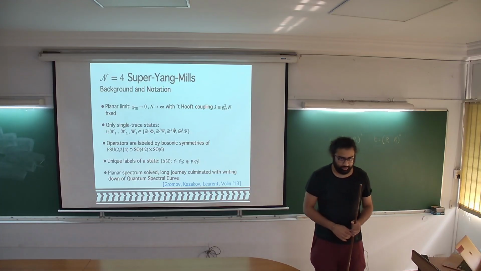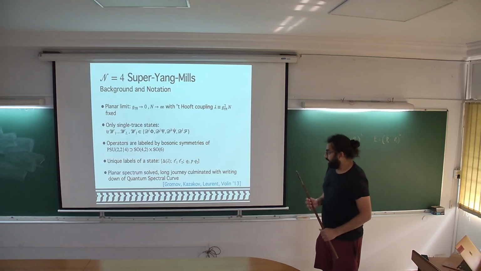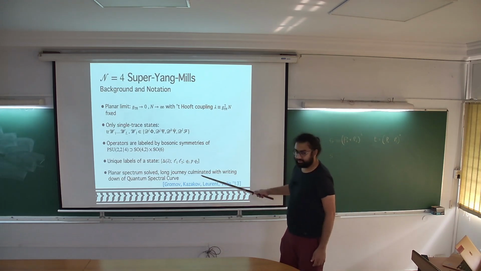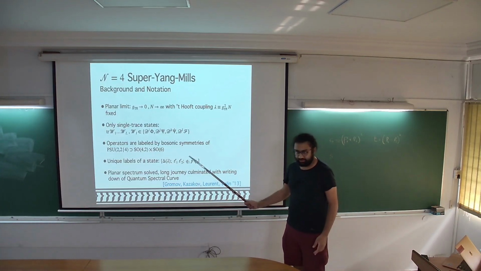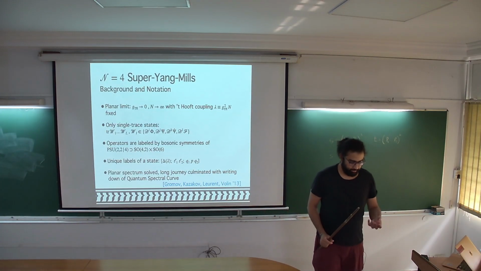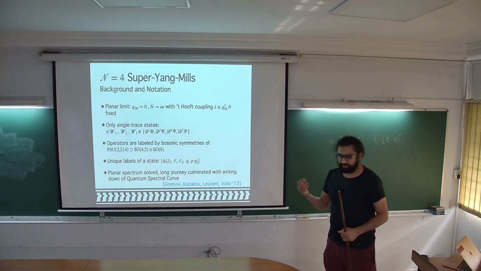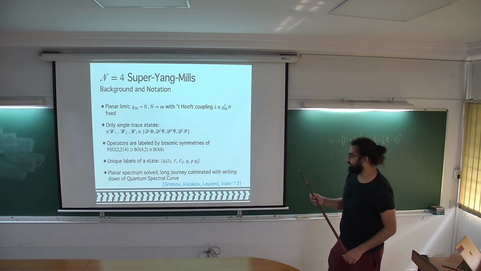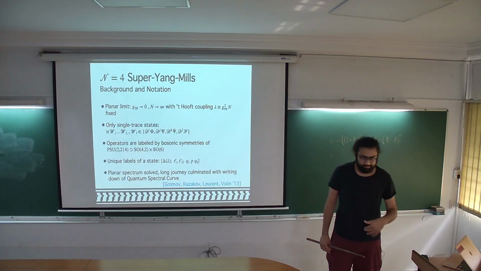Now, out of these 6 labels, 5 of them are always integers or half integers, but the 6th one, which is the dimension, the eigenvalue under scaling, in general can be a non-trivial function of the 't Hooft coupling, in general undetermined as of now.